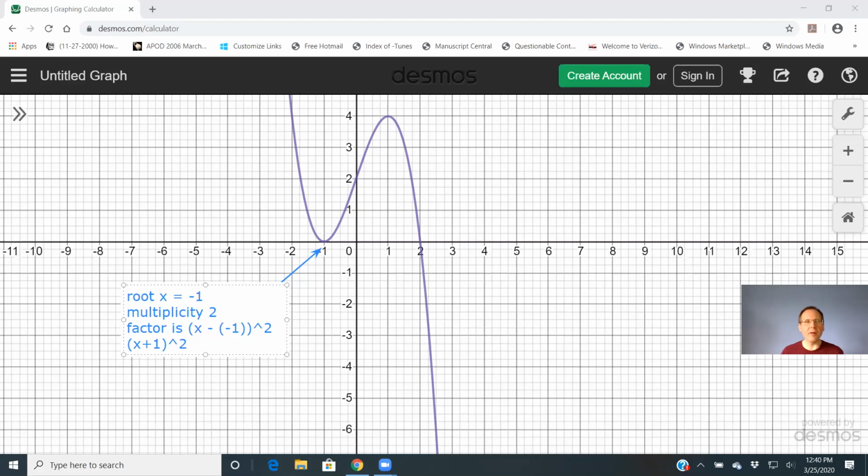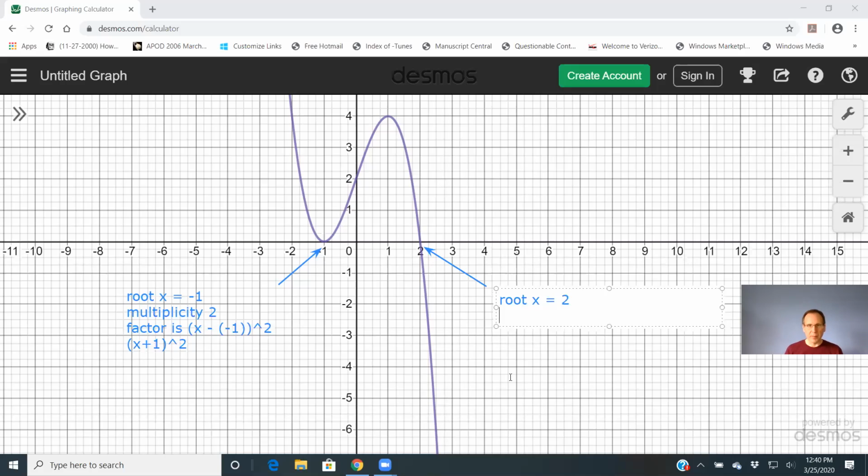Okay, and then the other root here is this root right here at x equals 2. So we have a root of x equals 2. If you look at that, it looks like a line passing through, right?